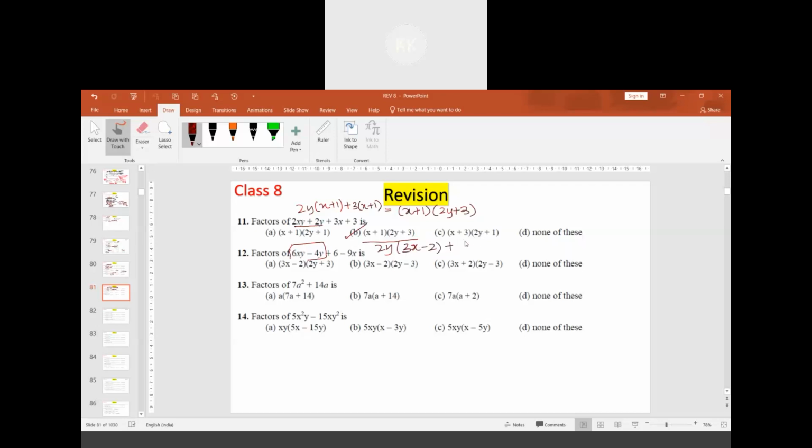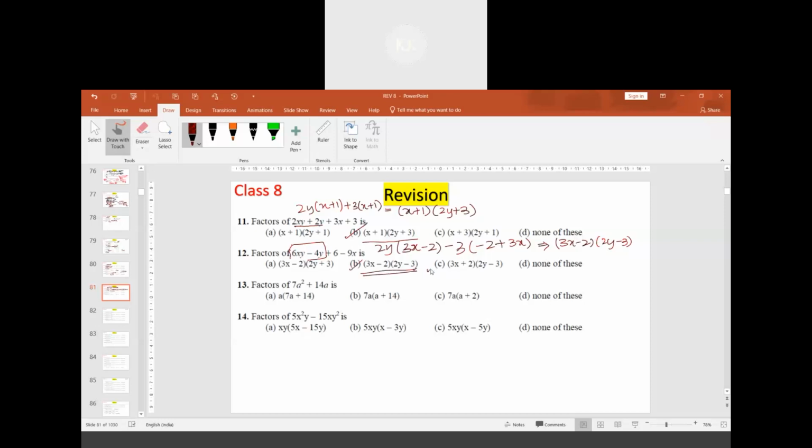Plus in these two terms, if I am taking minus 3 common, we will be getting minus 2 plus 3x. So this is 3x minus 2 times of 2y minus 3. Option B, both negative.